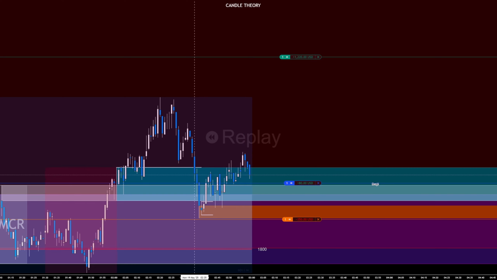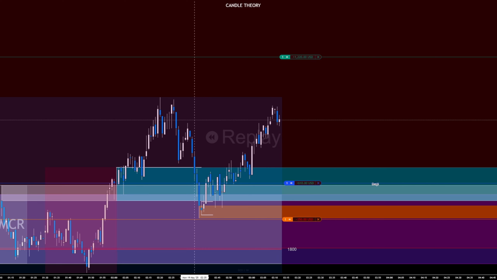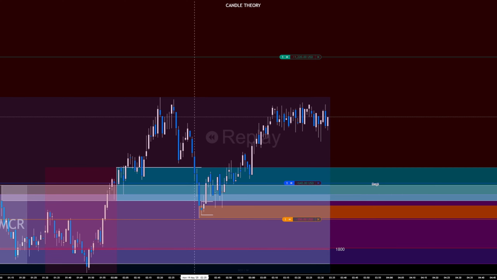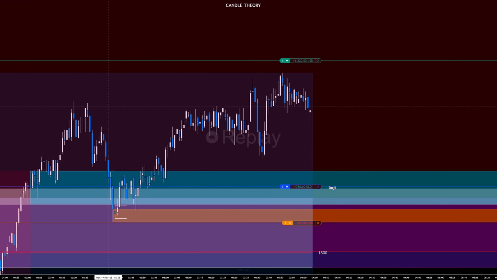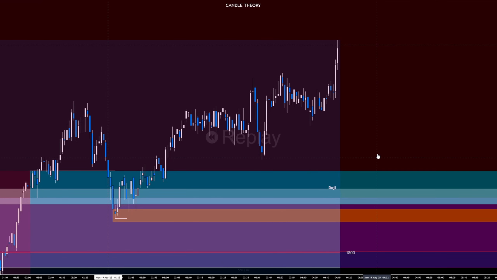And here we see distribution coming in, taking the price higher. You guys also need to understand this is a London profile. Price is going to move slower in this profile, but the model still stays the same.